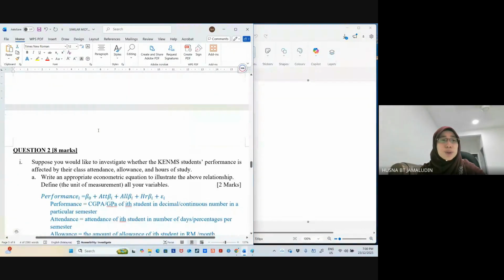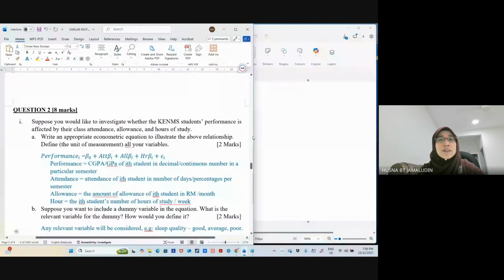And question 2, this is also what we call medium level. They will give you some scenario, so your answer is very straightforward. For example, like this, suppose you would like to investigate whether KNMS students' performance, so this is your CGPA, is affected by their class attendance, student allowance, and hours of study.